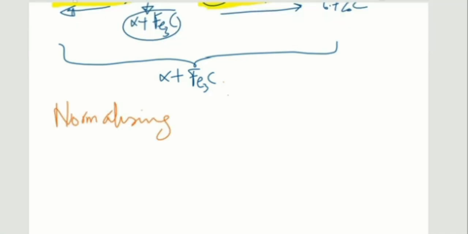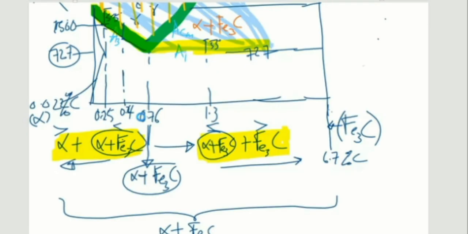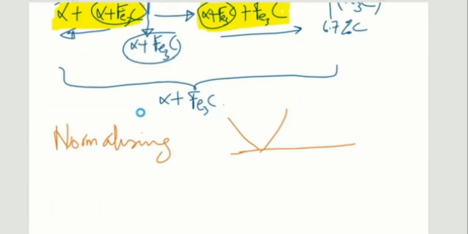Normalizing basically is hitting within the V shape and at least 55 degrees above the ACM or the A3. This is the A3 line. This is the ACM, and this horizontal line is the A1. So hitting within this region is normalizing.